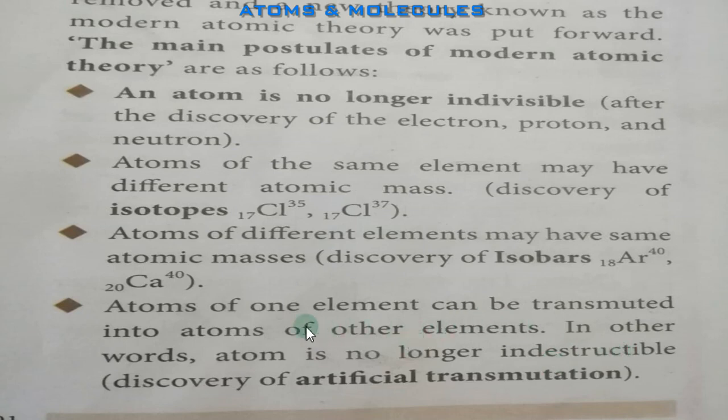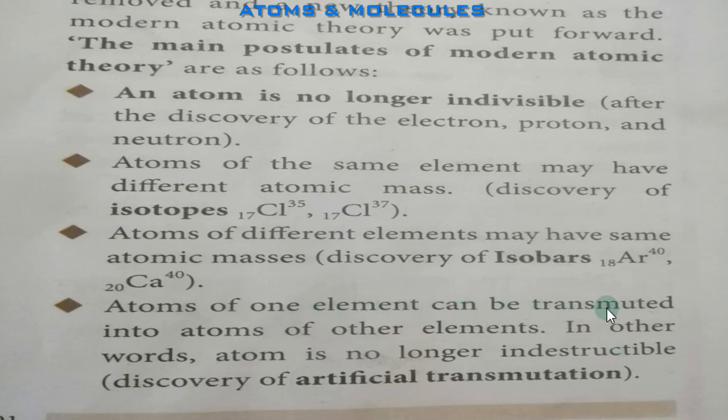So mostly all the elements can be converted, right? So the elements that can be converted into other elements are not indestructible. Have you understood? So in other words, atom is no longer indestructible. It will not easily be destroyed.